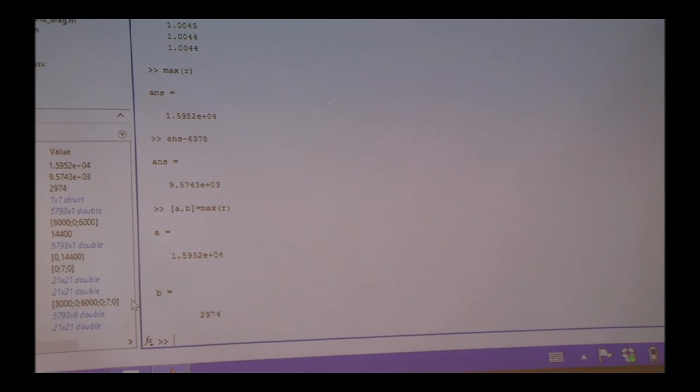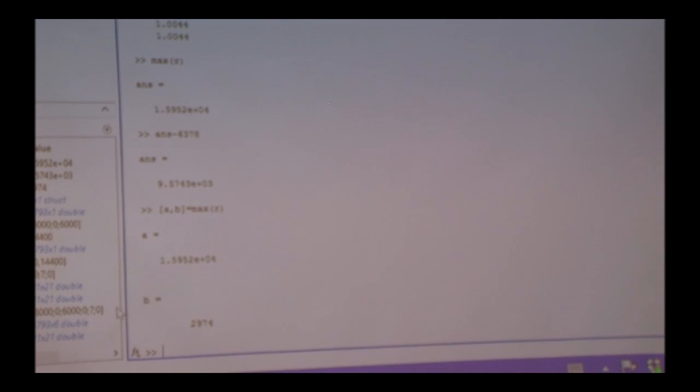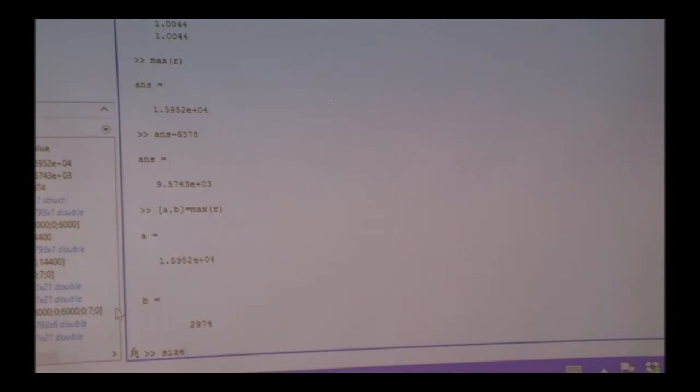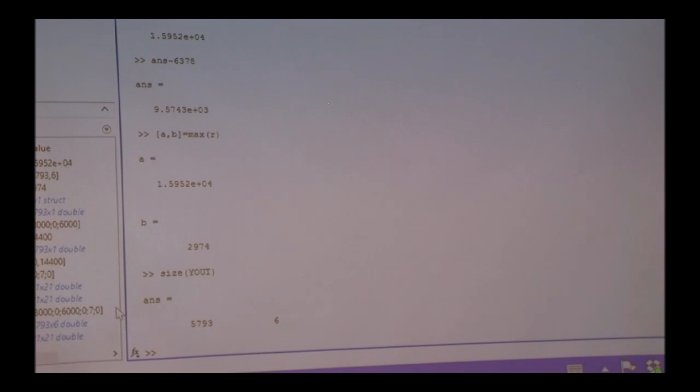The first one is, so R is a vector, right? I built that vector so that it's the square root, the norm of all the positions. It tells me here the maximum value and where that is. So that's the index. What is the size of the vector? I think I went back to, yeah, it's more than 5,000 points. So at the point 2,974, that's what you get.